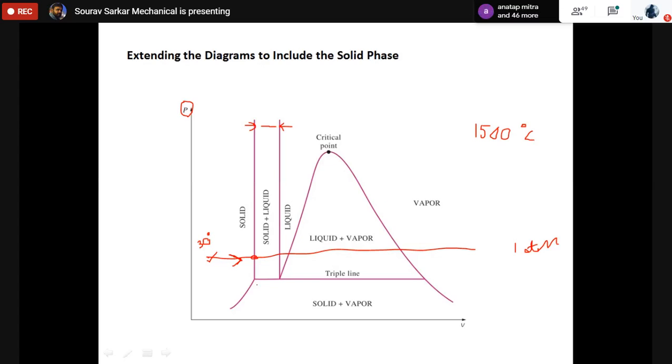So now slowly what will happen? Some part will remain solid and the remaining part slowly melts. But during that process, the temperature will remain constant. So between this line and this line, this zone is the solid plus liquid region, because some part of the solid iron is there and some part has already started to melt.